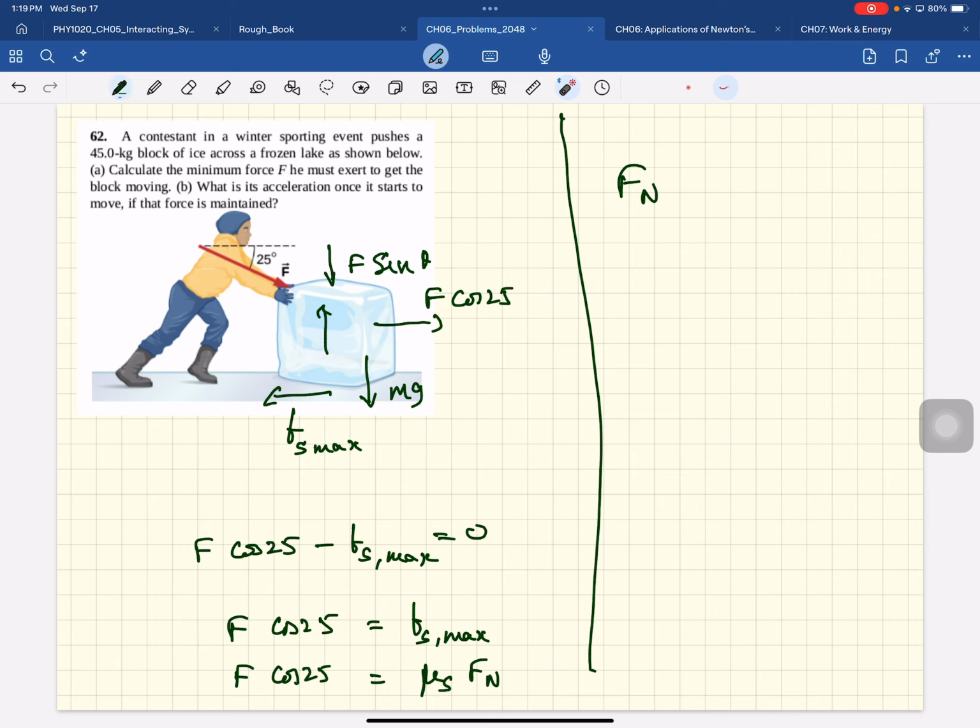The normal force has to equal this plus this. I'll write this as cosine theta.